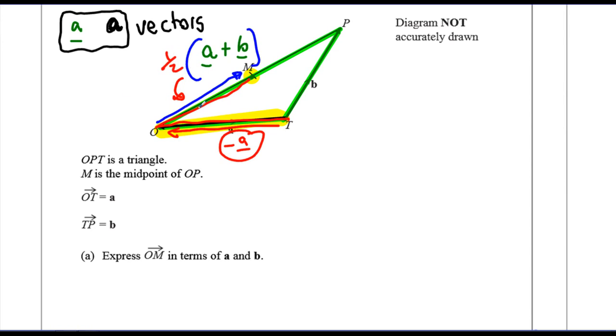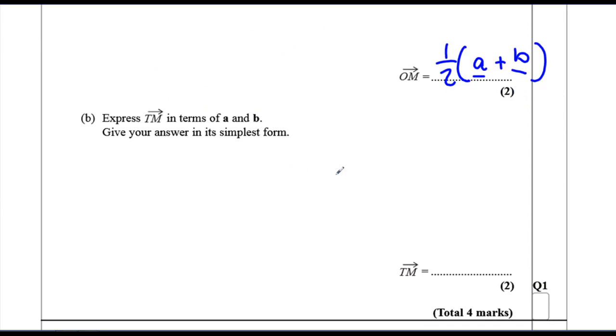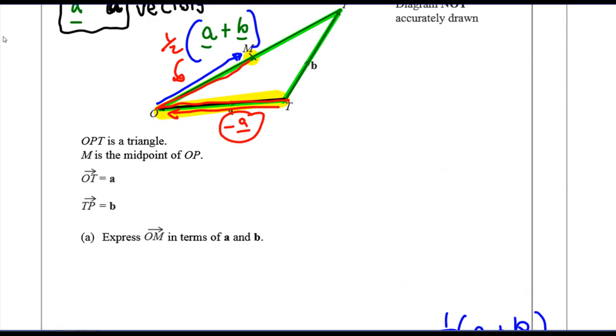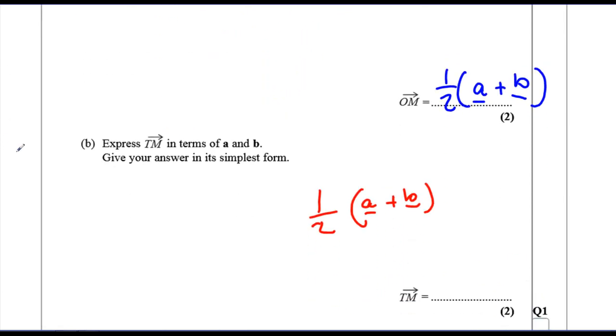Okay, put them together. Bit of algebra like before. So half A plus B, and then what do we say? It was minus A. It doesn't matter if it goes at the front or at the end. Okay, remember it's A star work we're doing here, so if you're getting confused, don't worry about it too much.